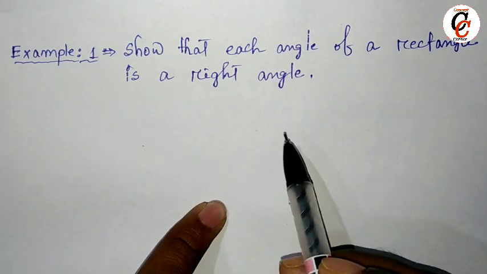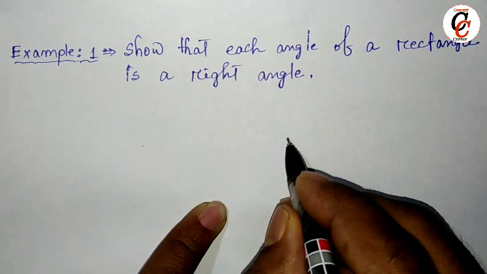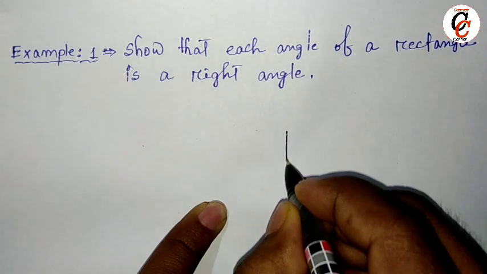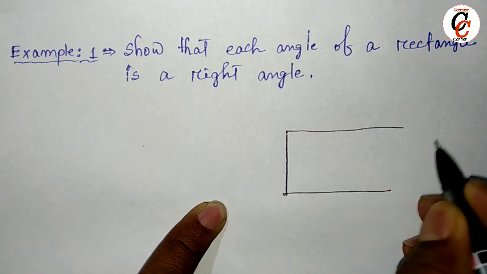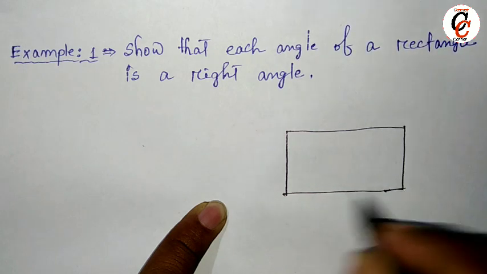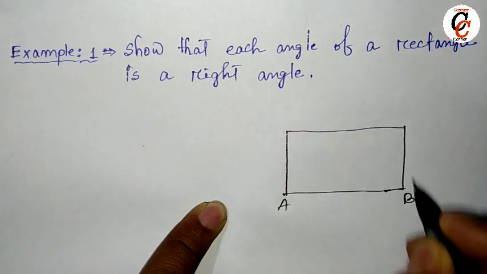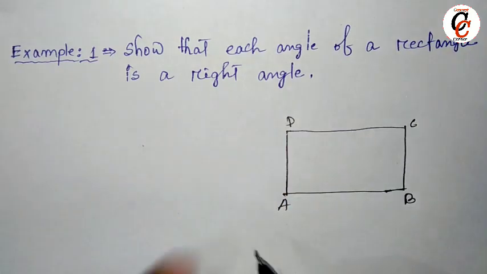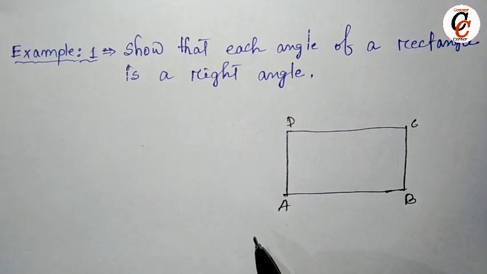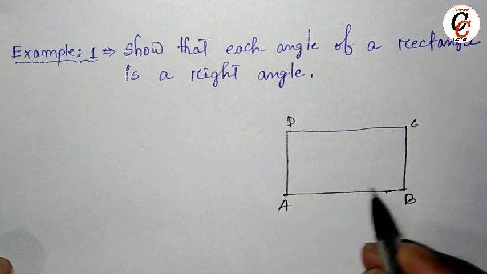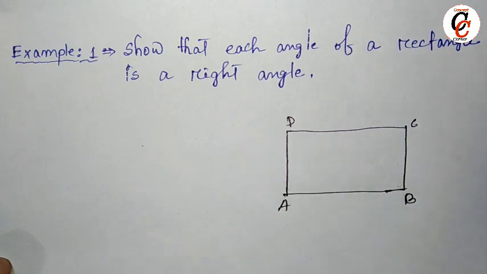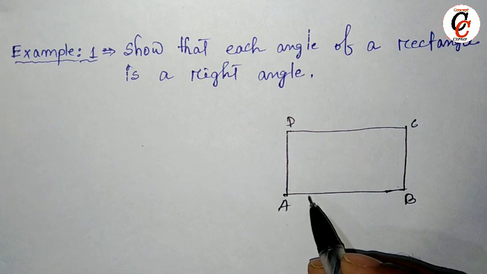That means every angle in a rectangle, suppose ABCD is a rectangle, and here we need to prove that each angle A, B, C and D is equal to 90 degrees, or one right angle.